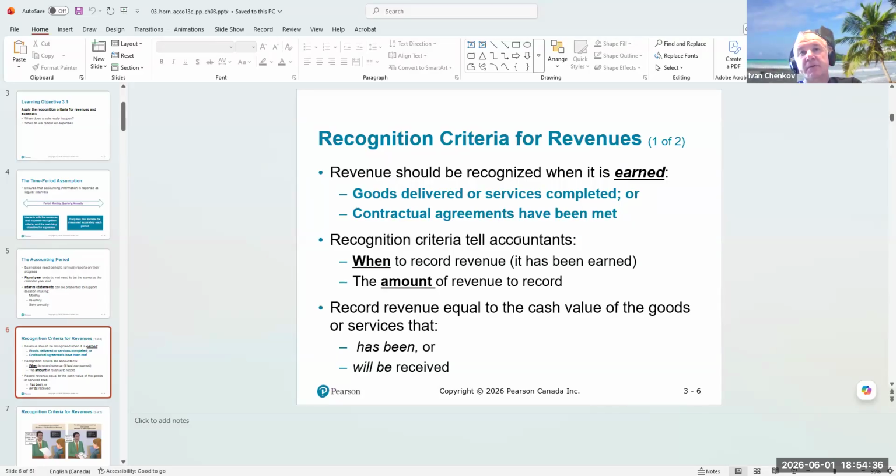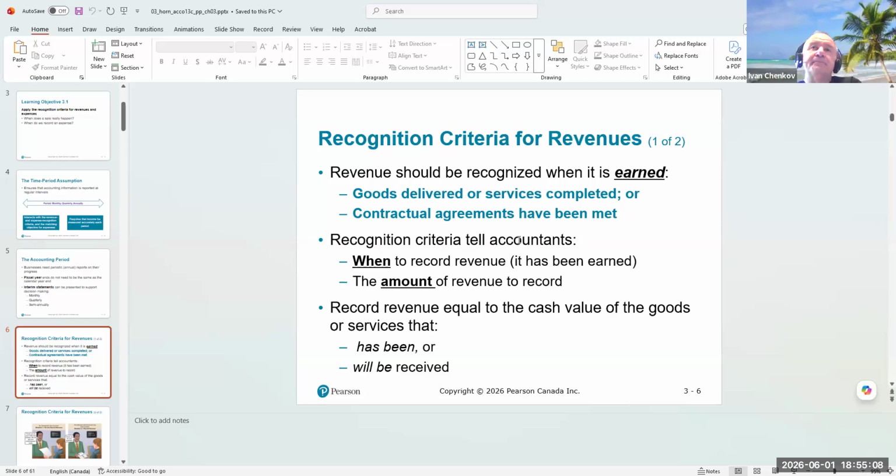So the recognition criteria tell the accountant when to record the revenue and what amount to record. The revenue that we have to record has to be equal to the cash value of either the services or the goods that the company received or will receive in the future.